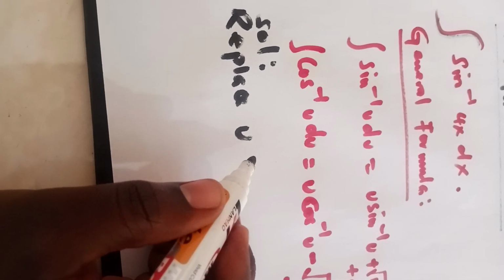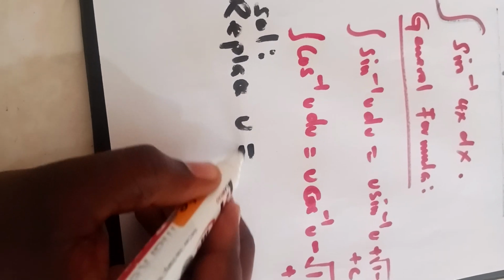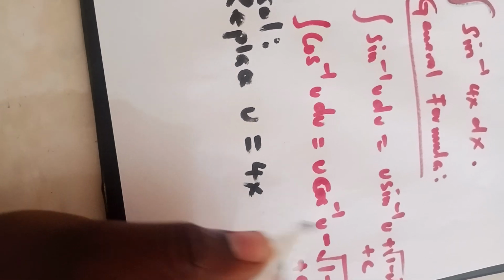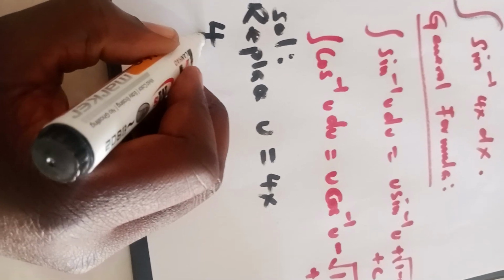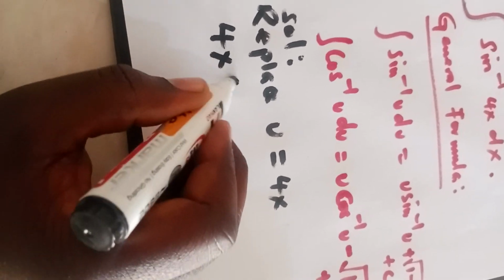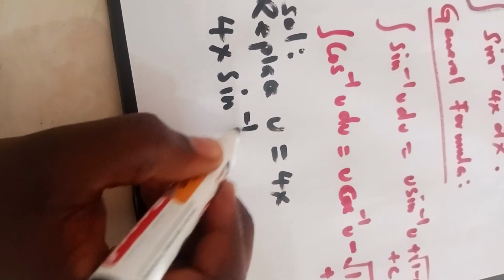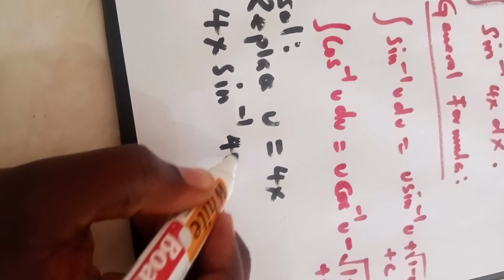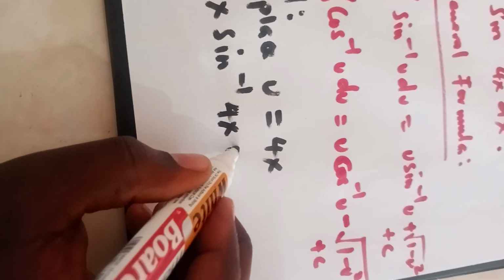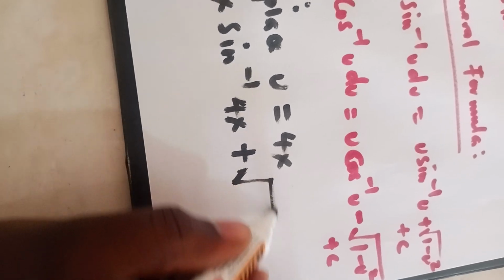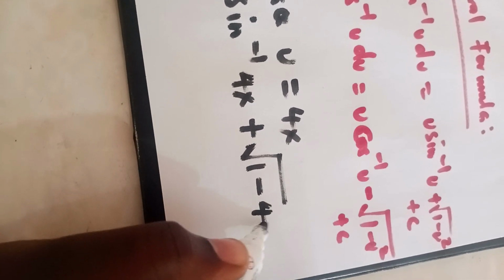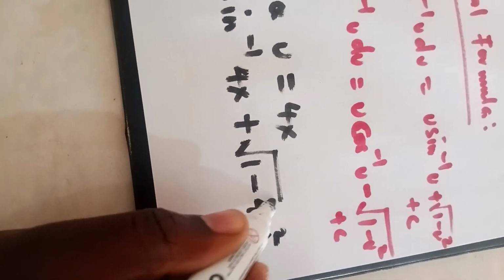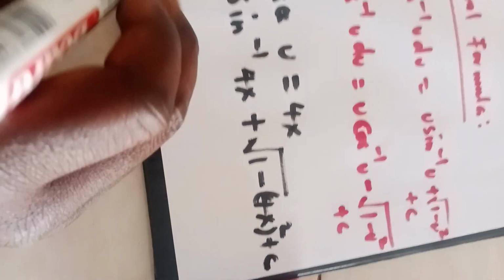So u is equal to 4x. Then you substitute, so your answer is going to be 4x sine inverse 4x, because that's u there, plus the root of 1 minus, what is u? That's 4x squared, so everything squared, plus c.